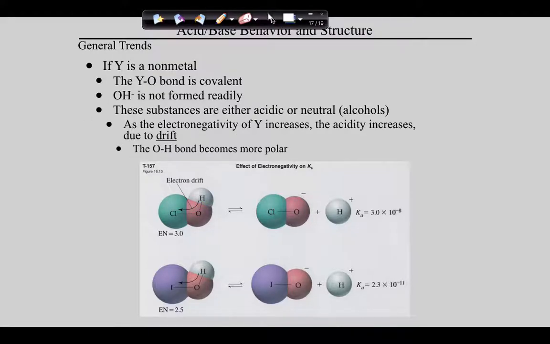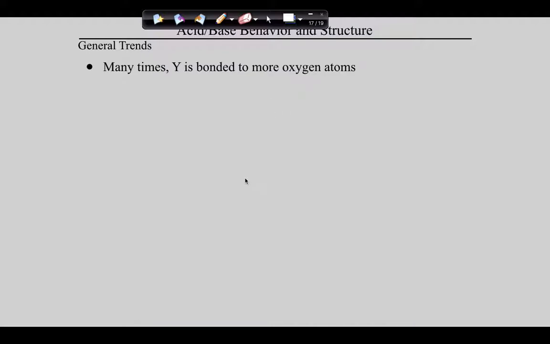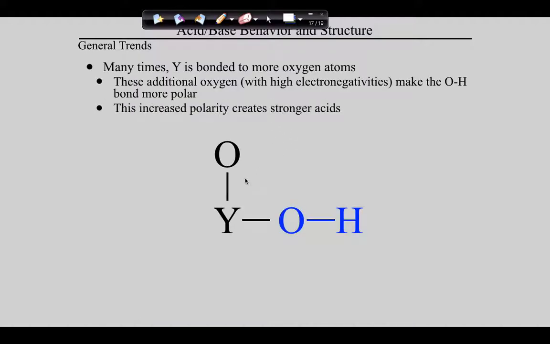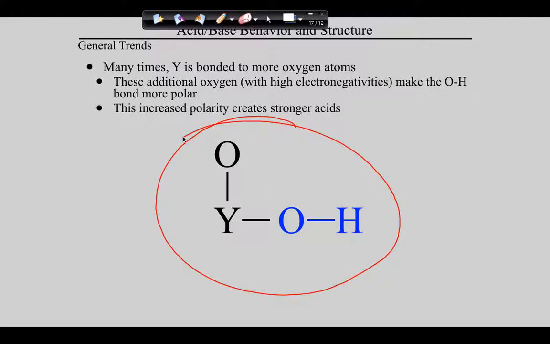So now let's take that and apply this idea in a new setting. Scratch this down with me. Guys, it turns out that sometimes, and all you need to do is draw this, this whole conversation gets even more interesting, because not only can Y affect the polarity of the OH bond, but so can the things bonded to Y. And many times those things are oxygen atoms.